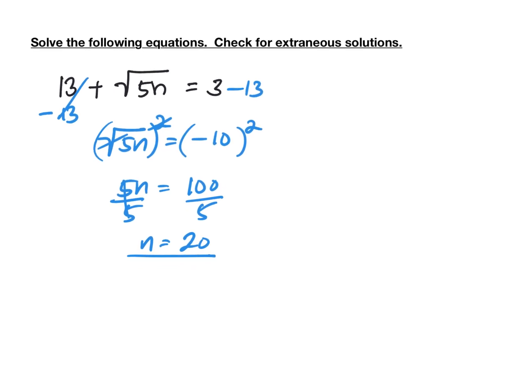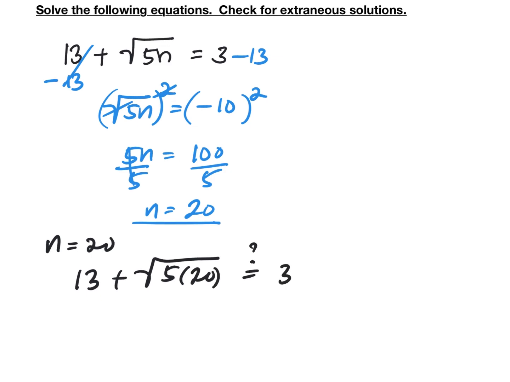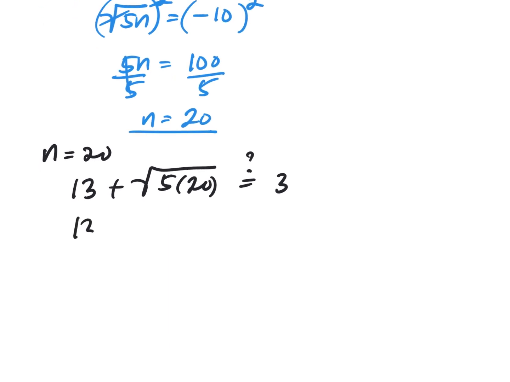Now let's check if this is the solution to this problem. When n is equal to 20, 13 plus 5 times 20, is it equal to 3? 13 plus 5 times 20 is going to give you 100.